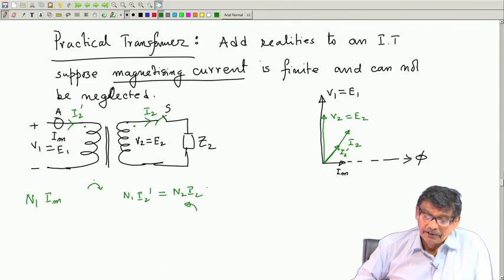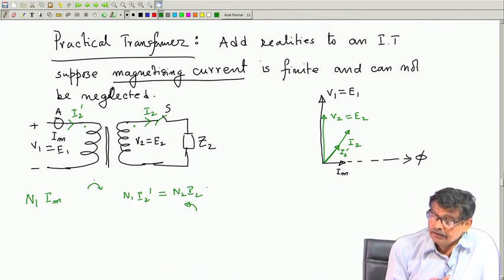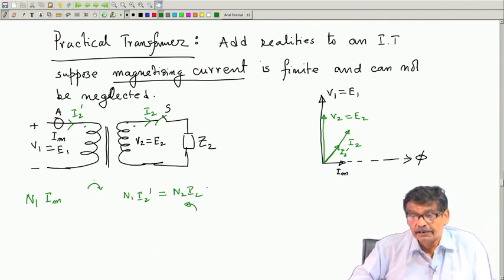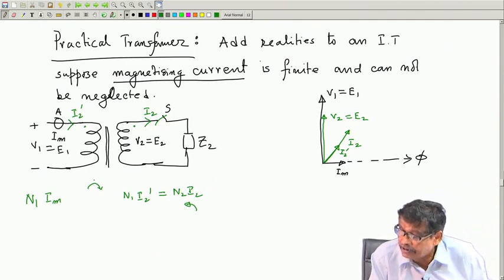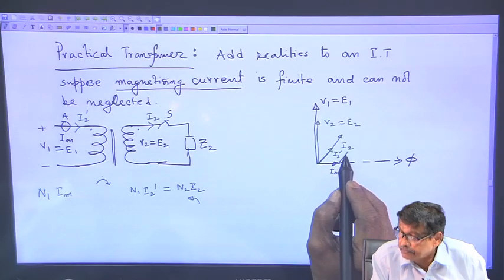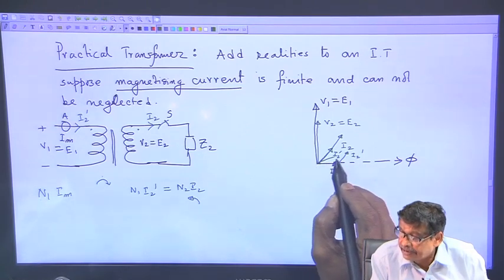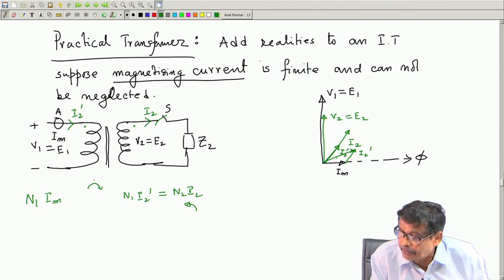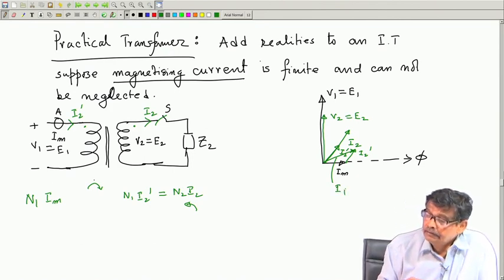But the question is, what will be the current drawn from the supply? The current drawn from the supply will now have two components. One is the magnetizing component I m plus this I 2 dashed, and this will decide I 1. Are you getting it?